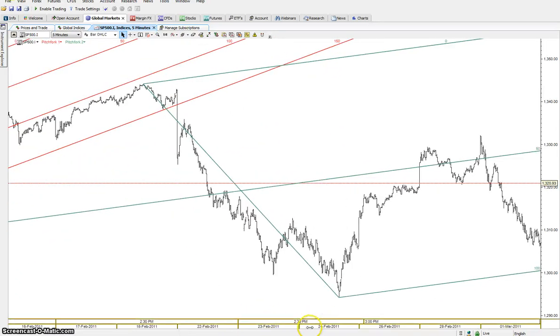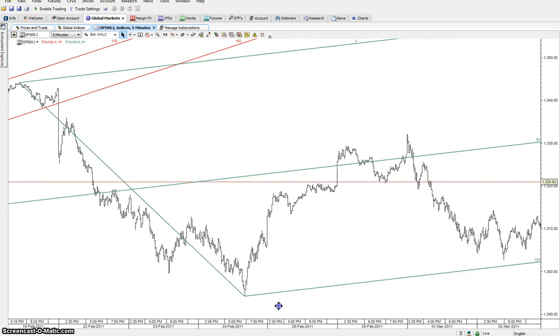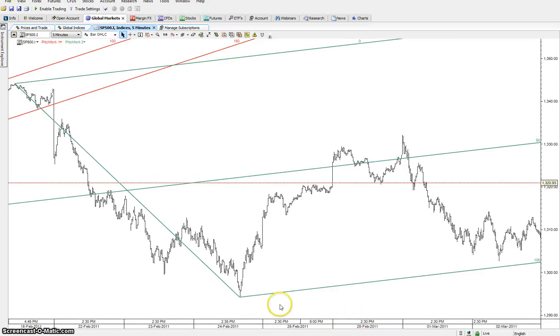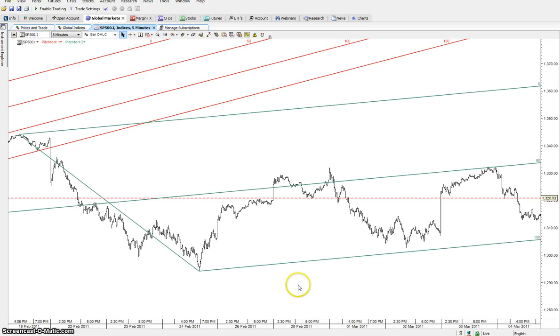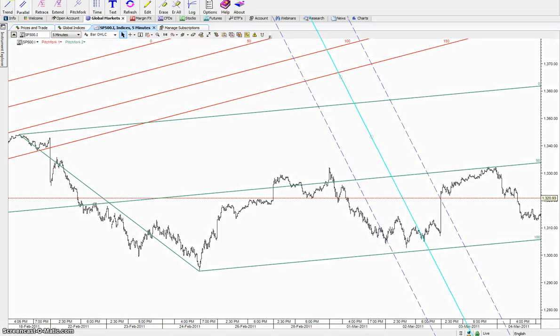Go back and see some stuff. Okay, what do we got? What we've got is a test of the baseline. That's sort of like a test of the median line. Test of the baseline, test of the median line. I can't really see too much in there that would have given me very much of a trade.